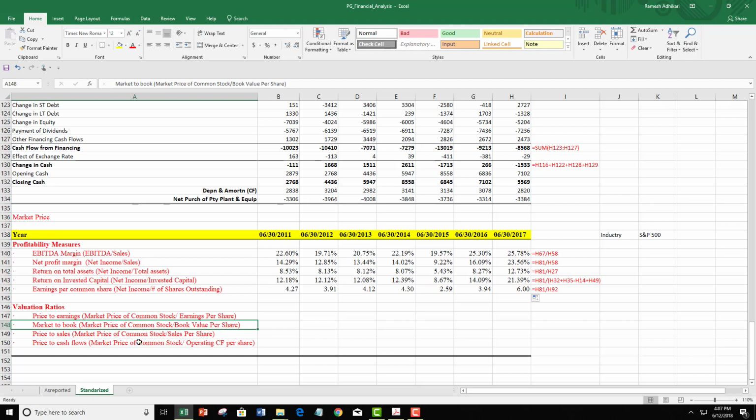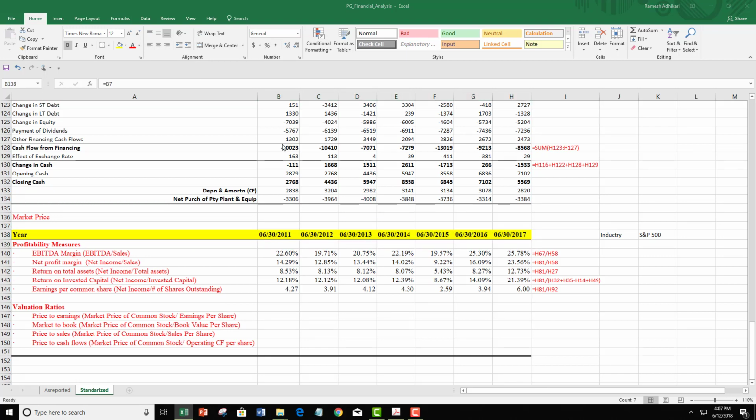I can get the price from anywhere, but I'm going to use Yahoo Finance because it is freely available and you can access most companies' price information there. So let's go to Yahoo Finance and pull the price of Procter & Gamble for the same time period that I'm analyzing.